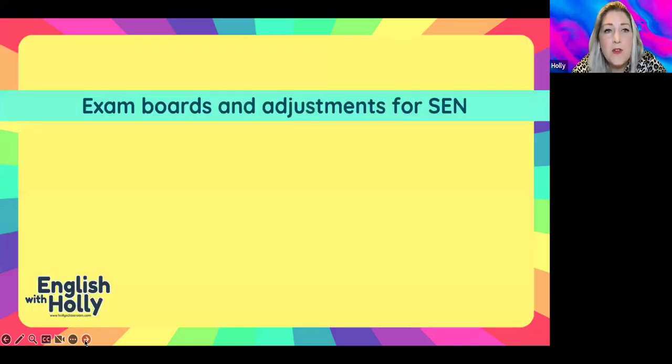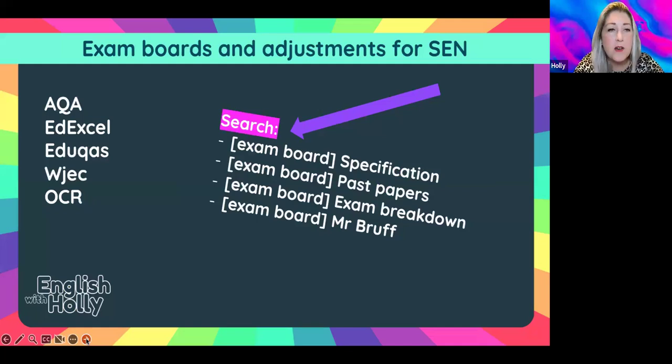So moving on to exam boards and adjustments for SEN. We're going to start by looking at the exam boards. There's some of them listed down the side there. We've got AQA, Edexcel, Eduqas, WJEC, which is combined with Eduqas, and OCR. Make sure you check with your school which exam board your teen is using, because the exam structure is different.